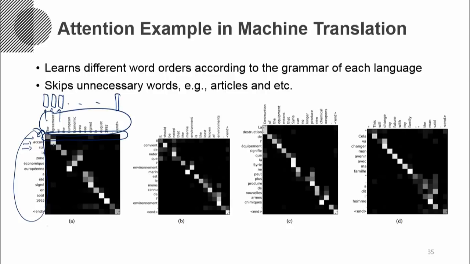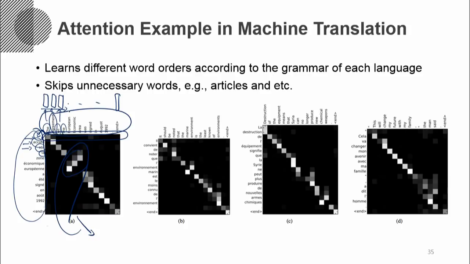In this case, we can see that when generating these output words, it follows the sequence of the source sentence. It means we scan through each of these words in the source sentence and generate its corresponding word in the target language. But sometimes it actually changes the order of translating these word level sequences.